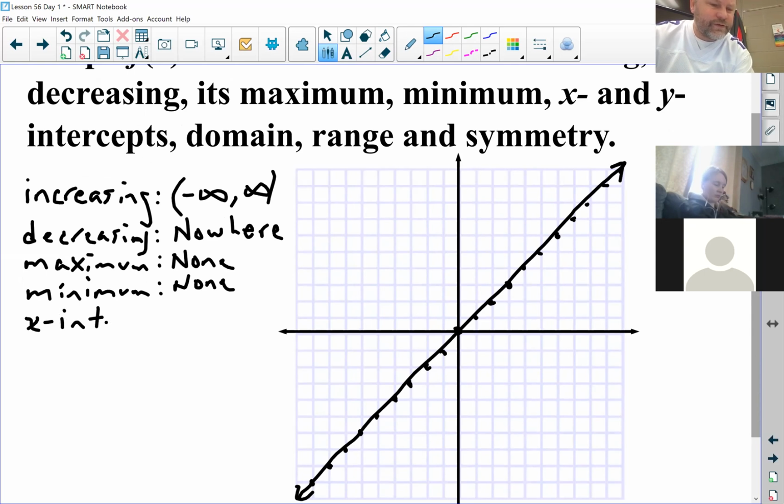All right, x-intercepts and y-intercepts.